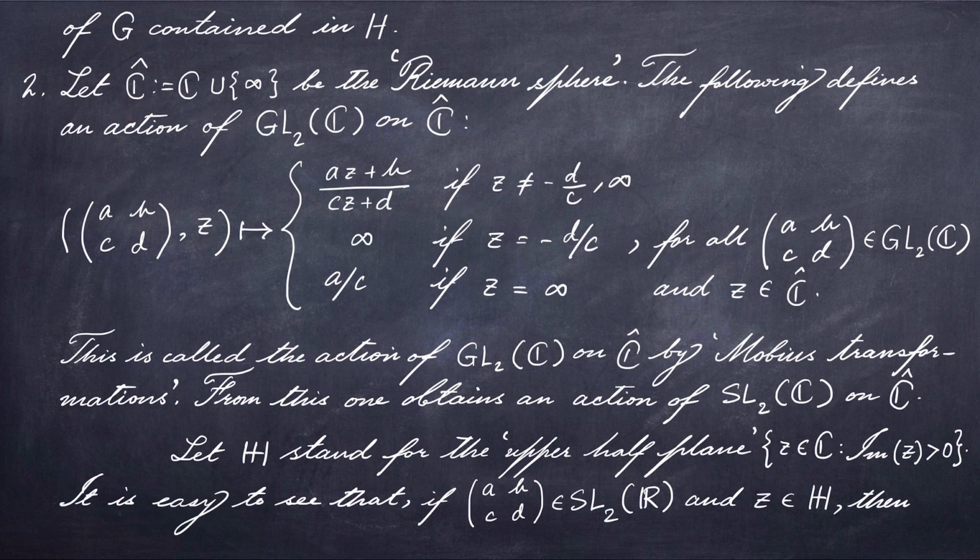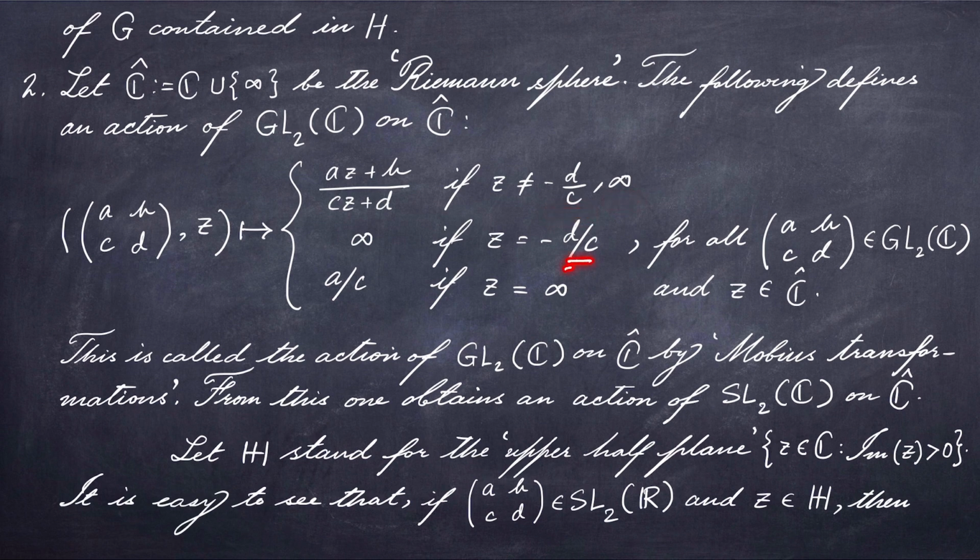An invertible 2x2 matrix (a b; c d) sends an arbitrary point z to (az+b)/(cz+d) if z is neither equal to -d/c nor infinity.